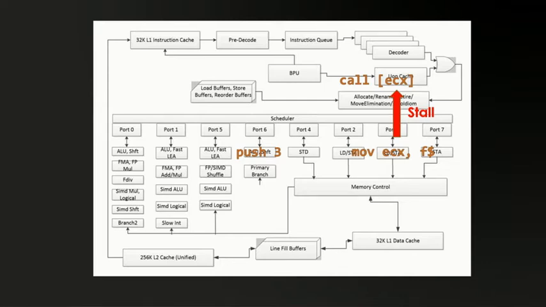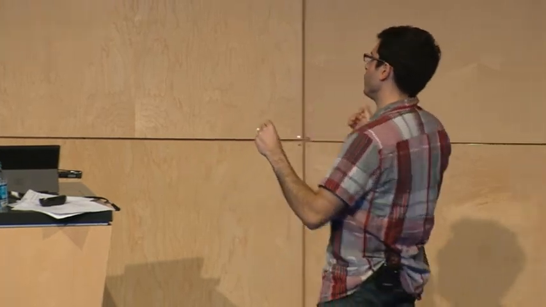If you're less lucky, F isn't in your first level cache, it's not in your store buffers. Let's say F is in your second level cache. You're talking 12 to 15 cycles before you actually get the value of F inside ECX, which you can then forward to the call instruction to find out what the next instruction is going to be. That's 12 to 15 cycles on a chip that can execute 8 instructions every single cycle.